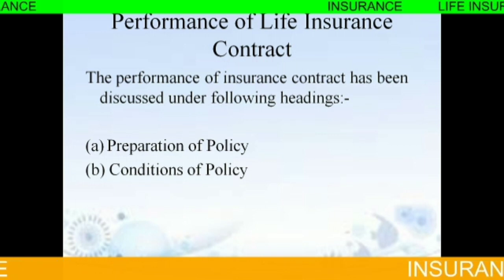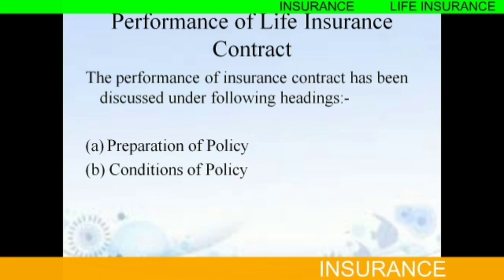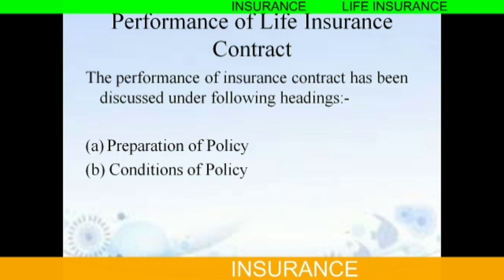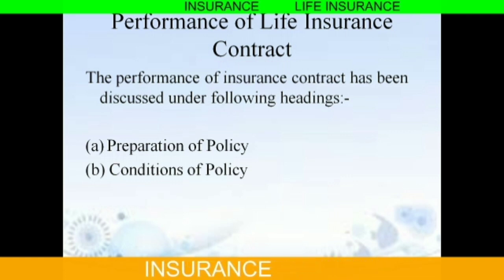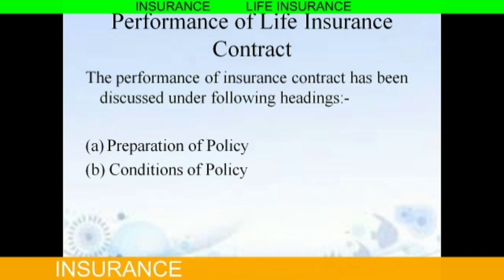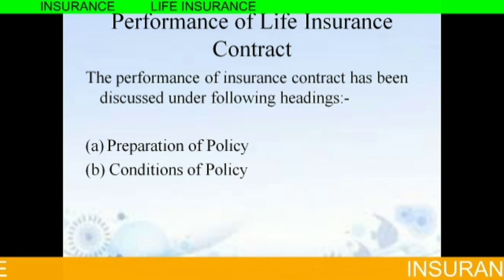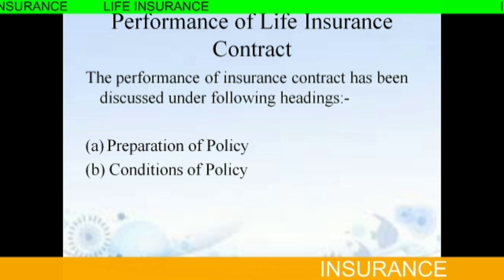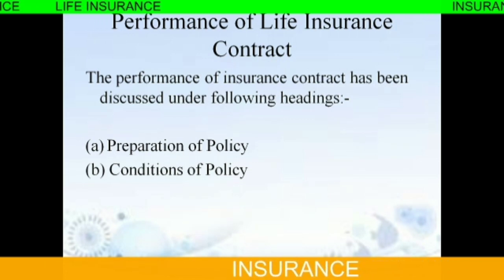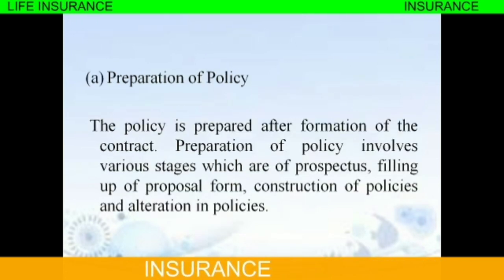Let us see the performance of a life insurance contract. The performance of a life insurance contract is discussed under the following two important headings. One is preparation of the policy and the second one is the conditions of the policy.